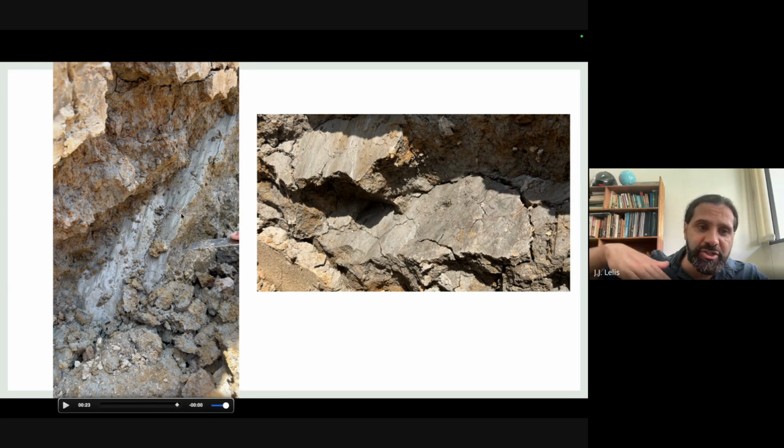The clay material is moving from above to below and from below to above because of change of humidity and temperature between the sections and the horizons in the soil. And because of this movement, we have some friction between the layers, between the aggregates, between the horizons, creating these slickensides.